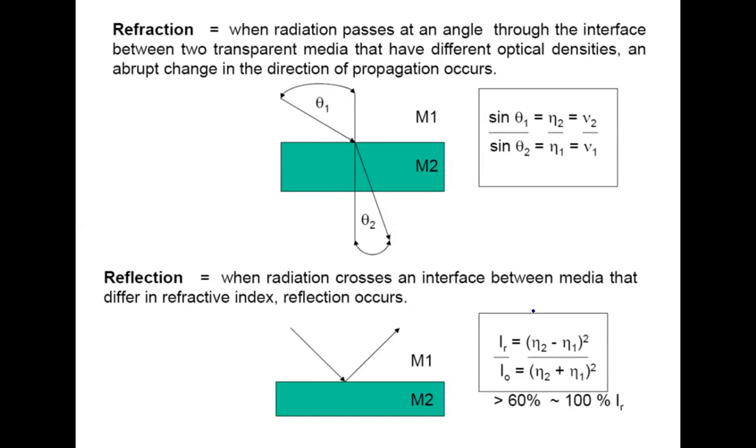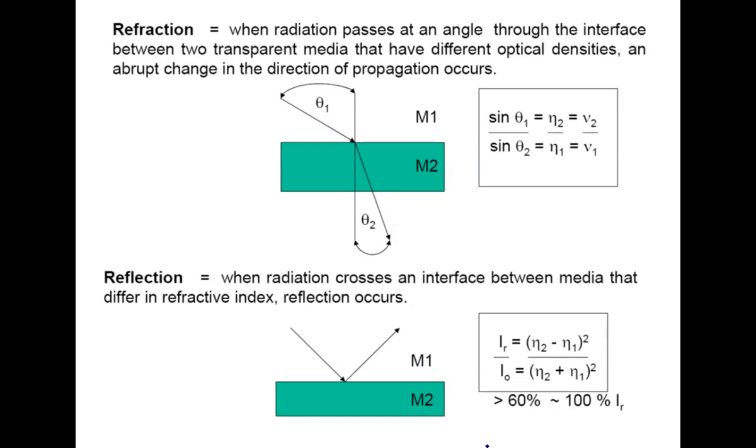Okay. So Michael is the gentleman. So you can see here the incident radiation to the surface. We have two media like the previous one. The incident radiation to the surface is going to be bounced back, it's going to be reflected.